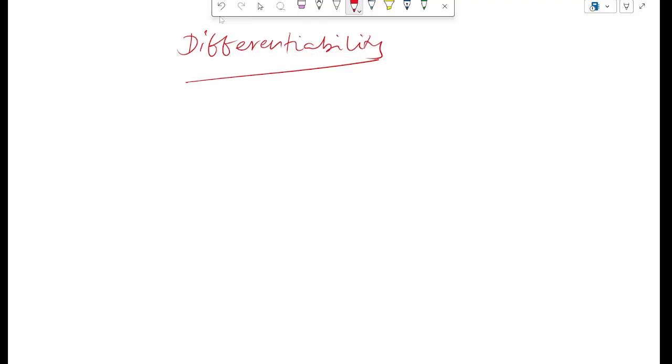It is very close to continuity, and I would say these topics are derived from limits only. So first you must understand what limits are and how limits are calculated in calculus. Then only you will be able to grasp these topics on continuity and differentiability.